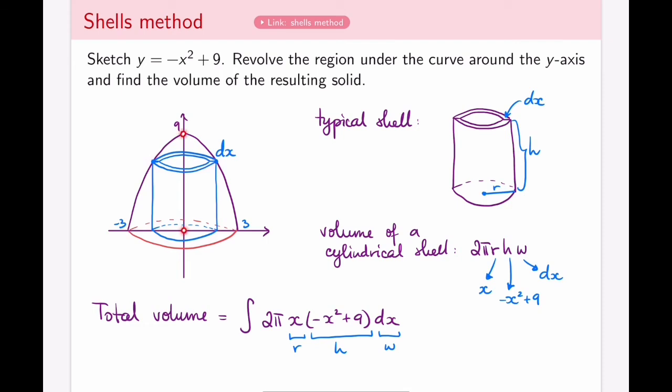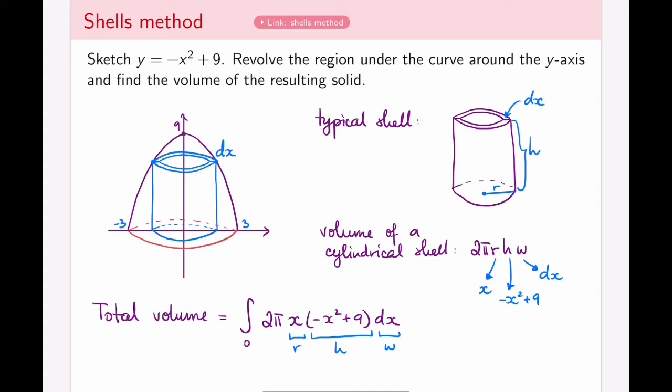It's going to be the cylindrical shell that corresponds basically to this straight line. So I'm going to go from 0 here. And what is the largest possible radius of my cylindrical shell? What's the biggest possible x I'm going to get? And notice that it's going to go from 0 to 3, right? My biggest cylindrical shell is actually going to be this one at the very, very end.